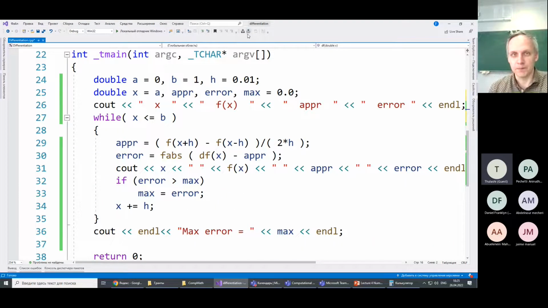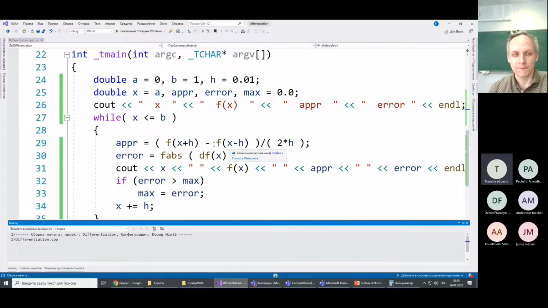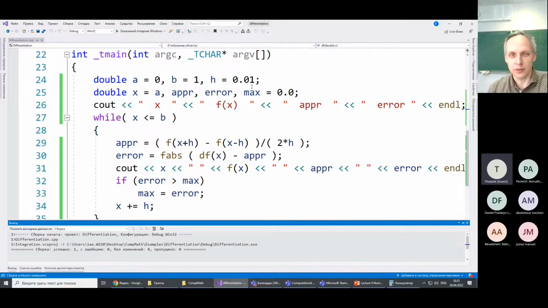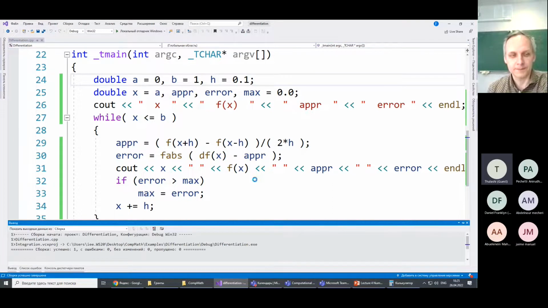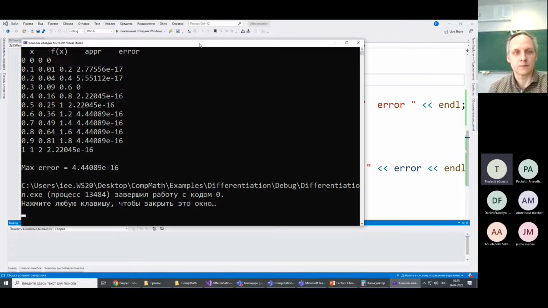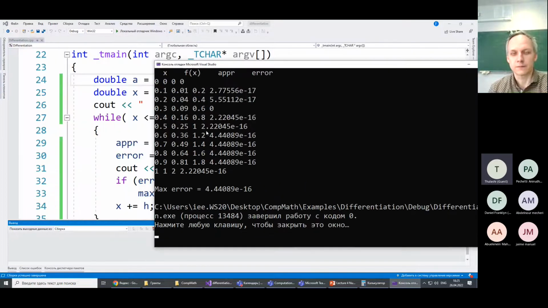And let's run the same program. I can even select h equals 0.1. The error is 10 power minus 16.